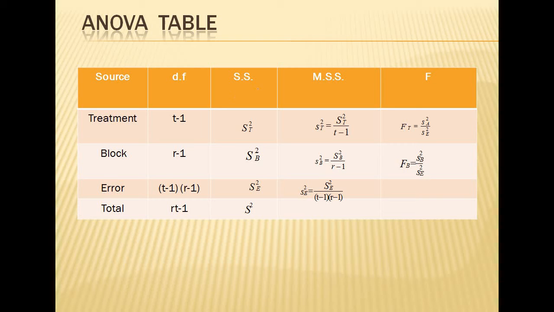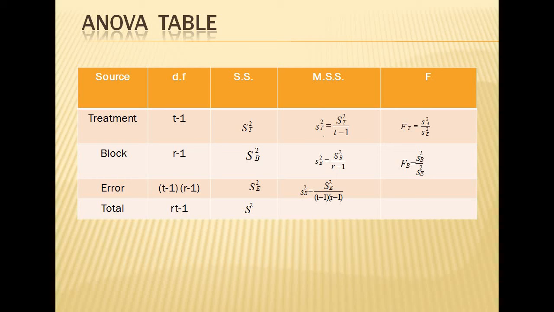The third column represents the sum of squares. Here St square represents the sum of square due to treatment, Sb square represents the sum of square due to block, Se square represents the sum of square due to error, and S square represents the total sum of square.